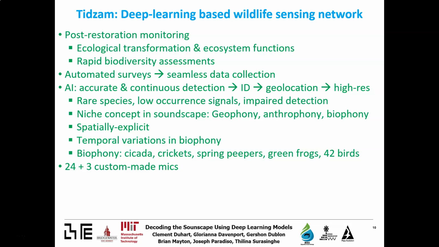We have over 90% accuracy, over 95% in certain cases, and 98 to 99% accuracy in detecting cicada calls, cricket calls, and spring peepers. It is also extremely good with green frogs, and correctly identifies over 40 species of birds.